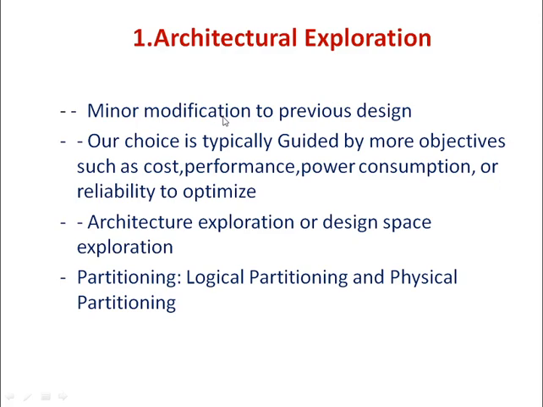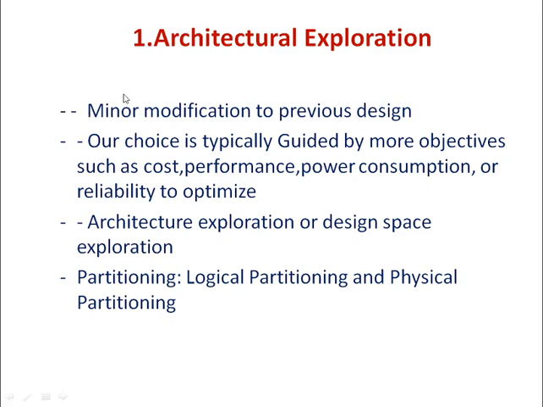Any digital system is designed and manufactured to meet some requirements subject to various constraints, right? Unless the system is a minor modification to the previous design, there is a large space of possible designs that could meet the requirements.